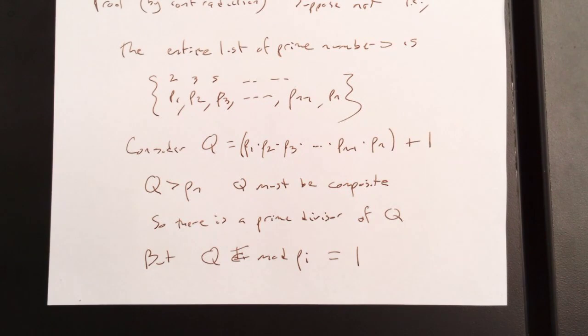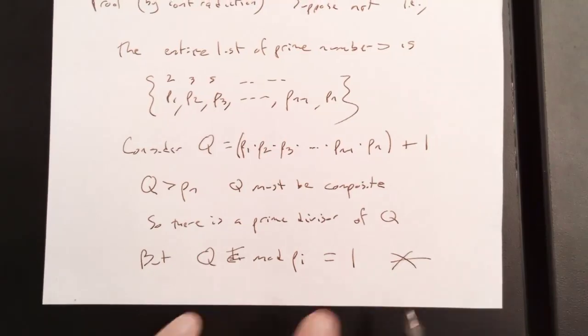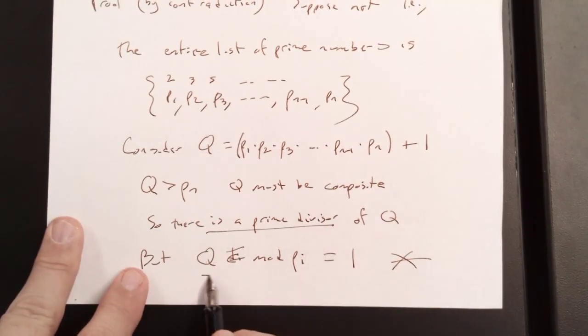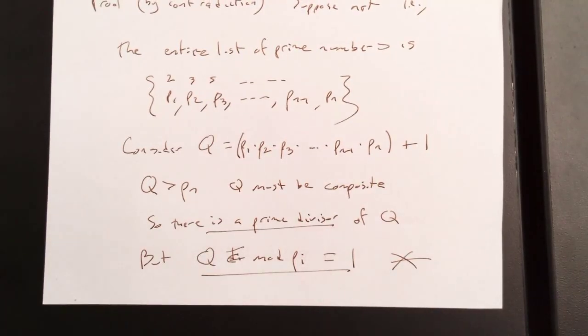Do any of my primes divide Q? No, they all have a remainder of 1. We must have a prime divisor, but it's not in my list. What does that mean about my list? It's not complete.